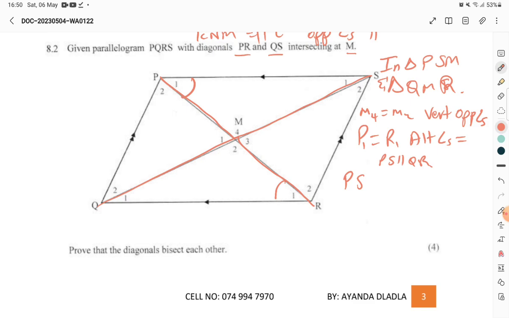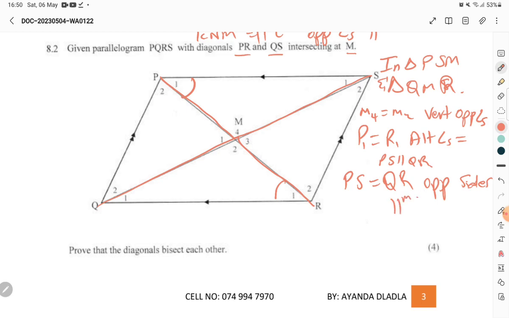That is why we avoid proving that all angles are equal; that one occurs automatically. So PS is equal to QR because they are opposite sides of a parallelogram.